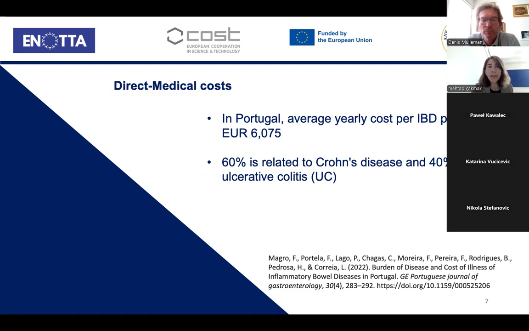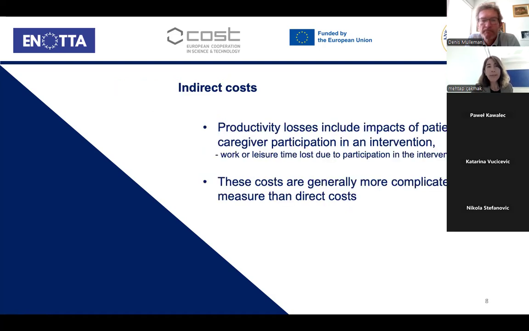Direct costs are easy to calculate, but indirect costs are not as easy as direct costs, because they include productivity losses and every kind of cost that we cannot turn into monetary units.